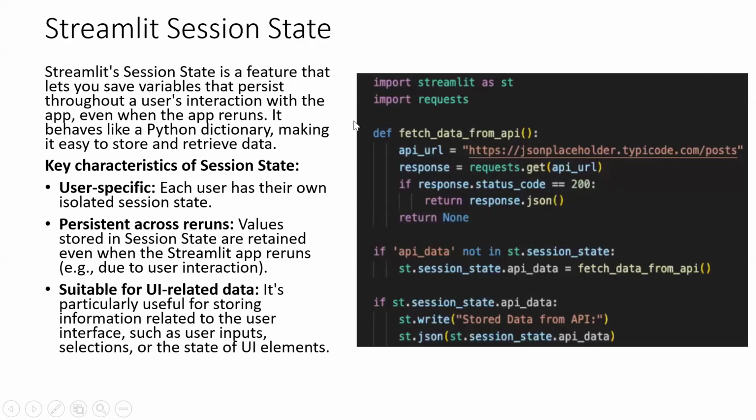For application related things which are common to all the users, we have something called the cache, which is our next topic. Let's say our application is pulling some data from the NSE or BSE website or database, right? Some price of the stock market. That value is not user specific, right?